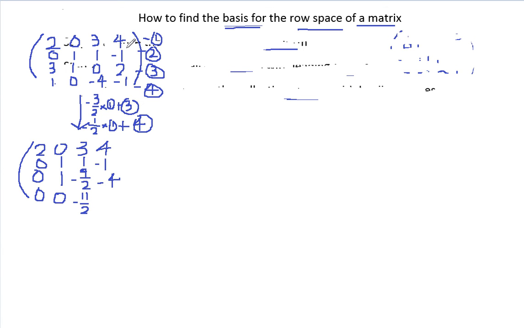For this, minus half times 4 equals minus 2. Minus 2 plus minus 1 equals minus 3. So after this, now we have got in this form.